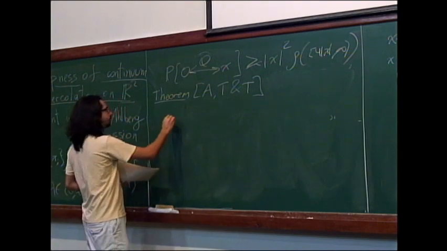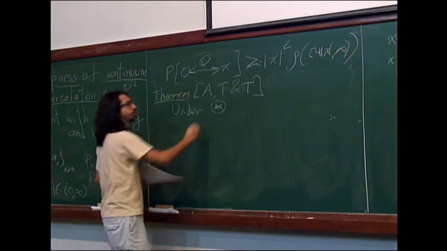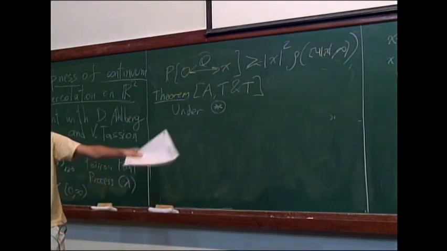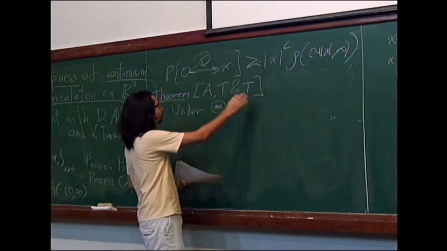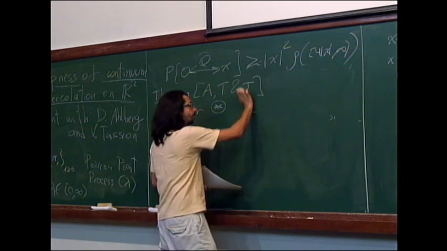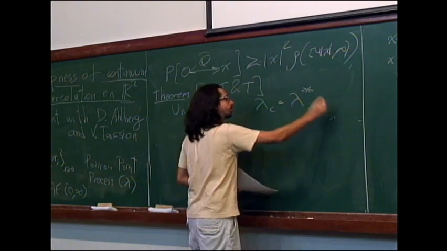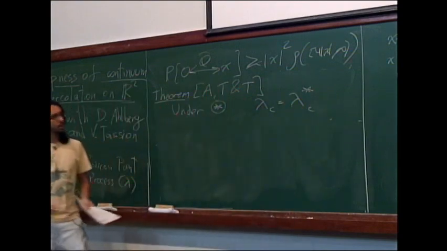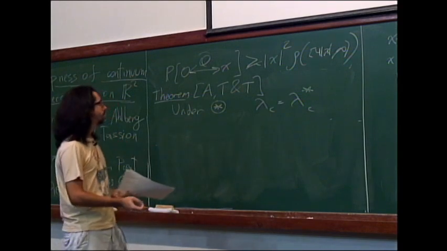So first result, under the minimal assumption you can hope for, which is finite second moment. So this is 2 papers. The second one is to appear. Under the minimal assumption, λ_c equals λ_c star. So there is only one phase transition where this happens, where connectivity changes.